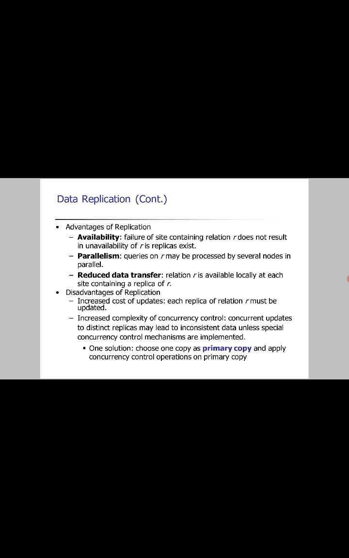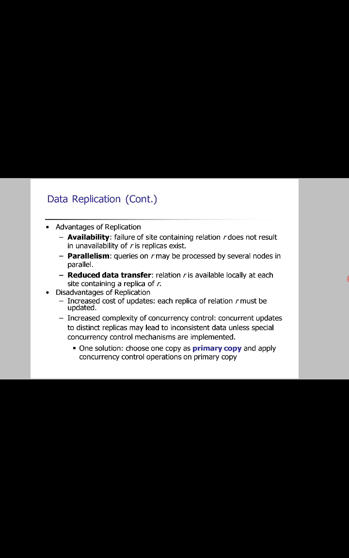Increased complexity of concurrency control: concurrent updates to distinct replicas may lead to inconsistent data. What is concurrency? The same data can be accessed by multiple users at the same time. So what is the solution for this? Choose one copy as the primary copy and apply concurrency control operations on the primary copy.